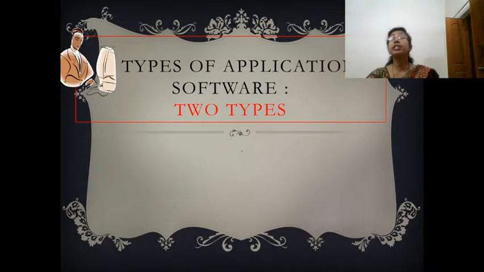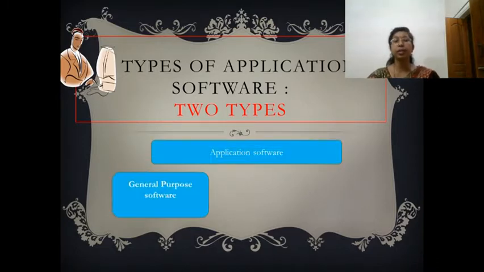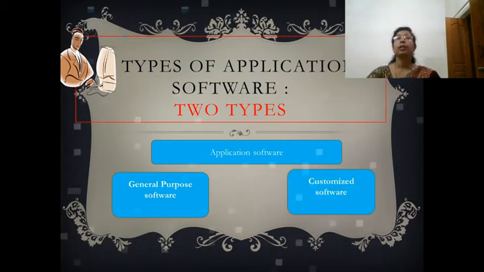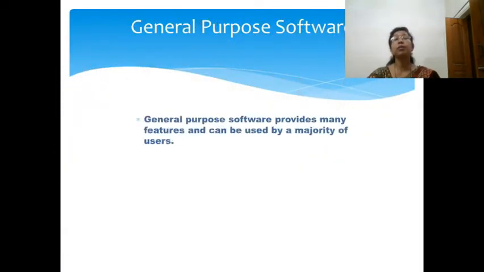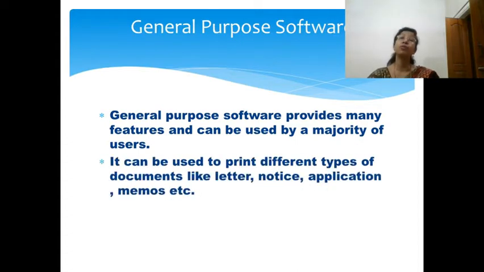Now, application software can be categorized into general purpose software and customized software. Now, let's see what is a general purpose software. General purpose software provides many features and can be used by many users, by a majority of users.